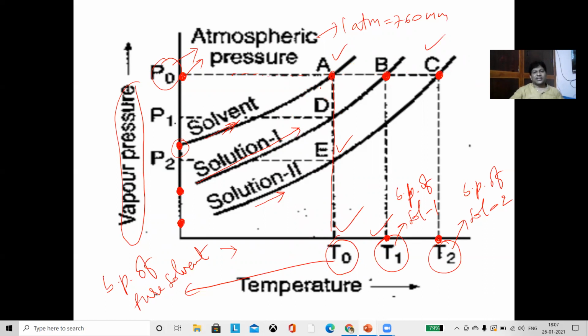They will be straight lines if the solution is very dilute. Imagine that the solution taken is very dilute, and these curves you take as straight lines. Then two triangles we can imagine, ACE and ABD.